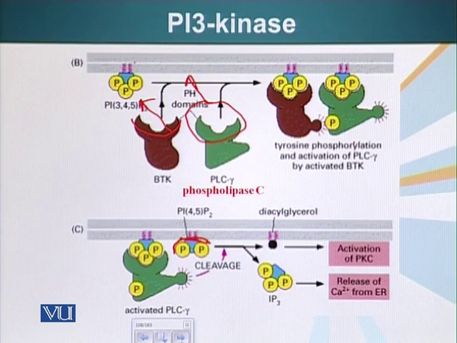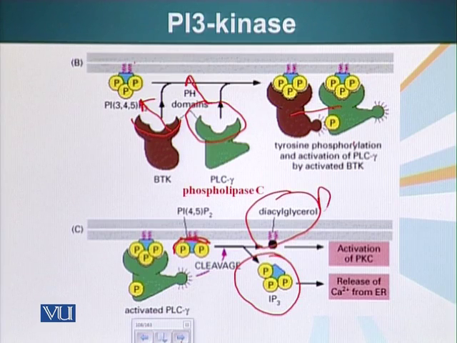When these two molecules are in close contact with each other, one of them, BTK, phosphorylates PLC, and when PLC is activated, it can cleave a different molecule of phosphatidylinositol triphosphate, resulting in release of inositol triphosphate and diacylglycerol, or DAG, we have said.